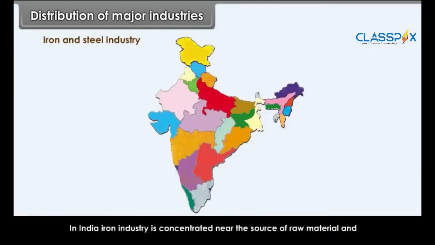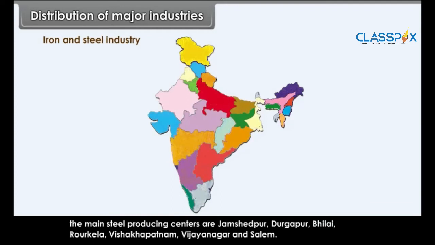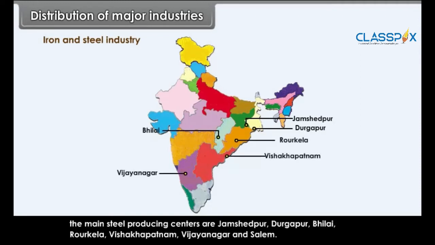In India, the iron industry is concentrated near the source of raw material, and the main steel producing centers are Jamshedpur, Durgapur, Bhilai, Rourkela, Visakhapatnam, Vijayanagar and Salem.